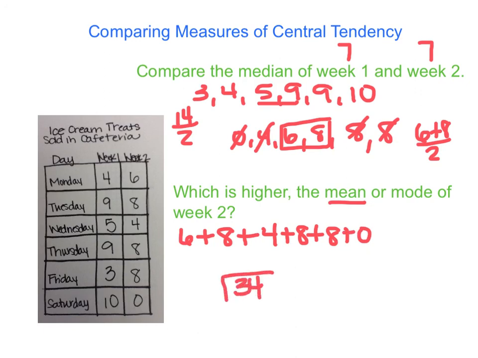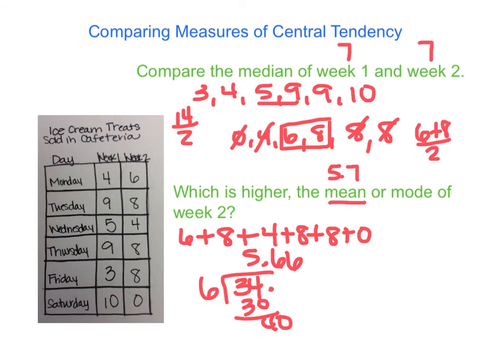We divide by 6, if you remember this from earlier in the video, and you end up getting 5.66, and then we rounded and got the average of 5.7.